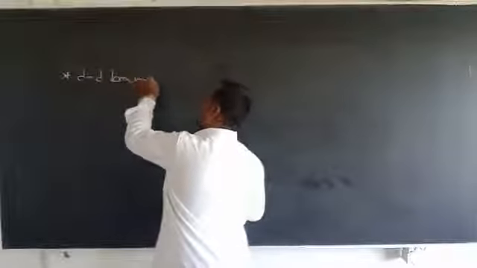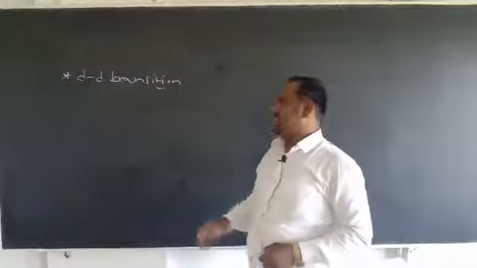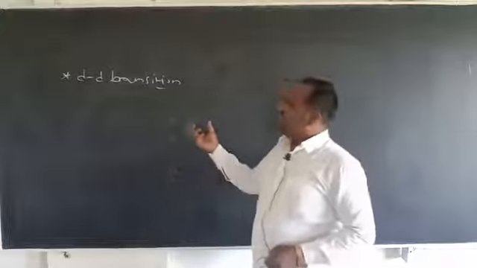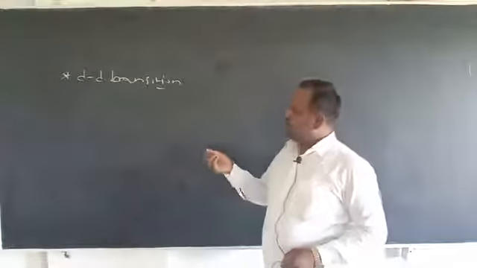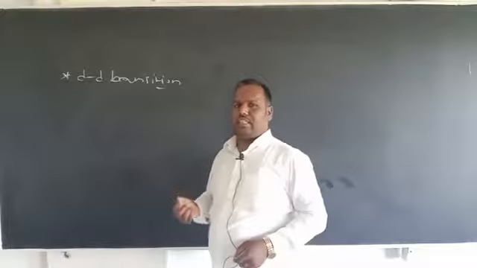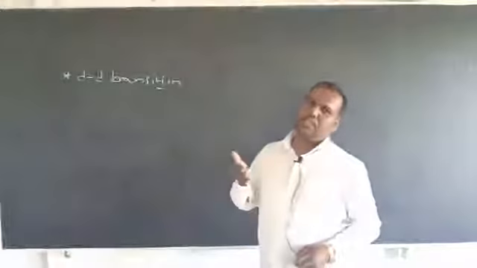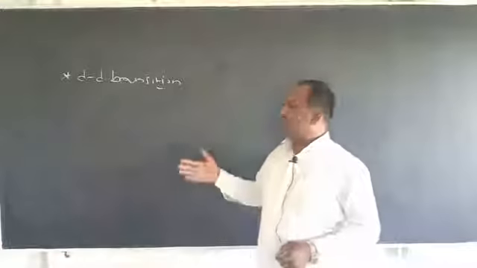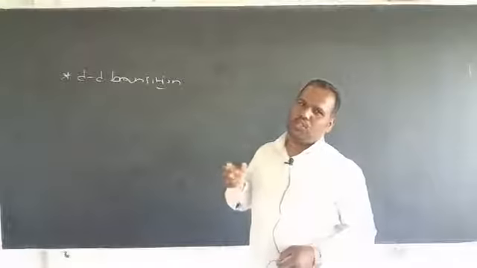Students, you are very much familiar with this d-d transition. In a d-d transition, an electron transfers from a d orbital to another d orbital. The d orbital is split into t2g and eg, that is, a lower energy t2g orbital and a higher energy eg orbital in presence of ligand.